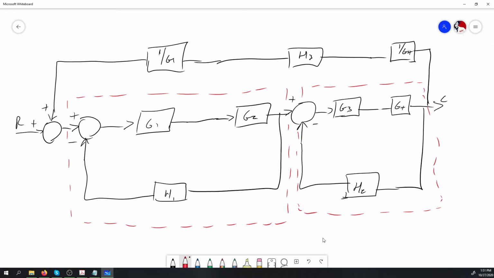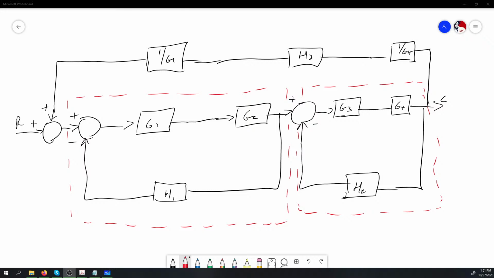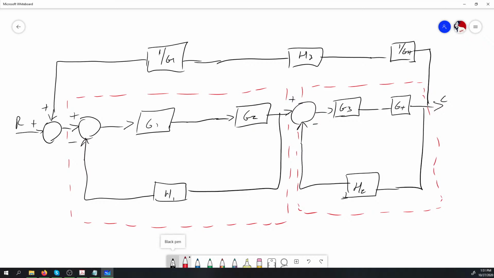So it's possible for us to reduce those two negative feedback systems using our standard negative feedback equation, which for this particular case will be G on 1 plus H, where G represents our feedforward block here, and H represents our feedback block here in particular. So let me undo that because I'm going to reduce these.